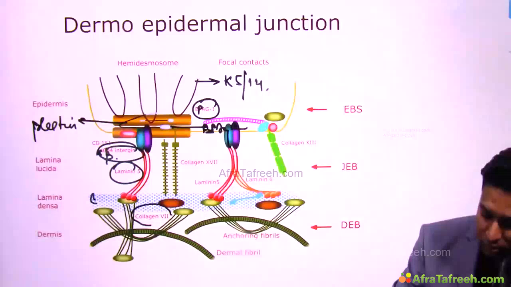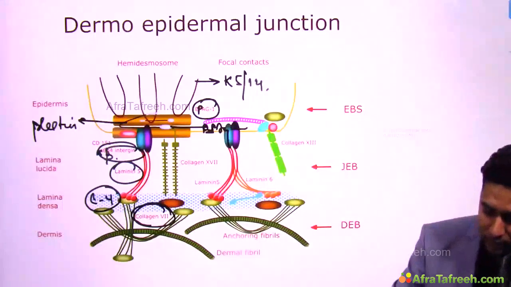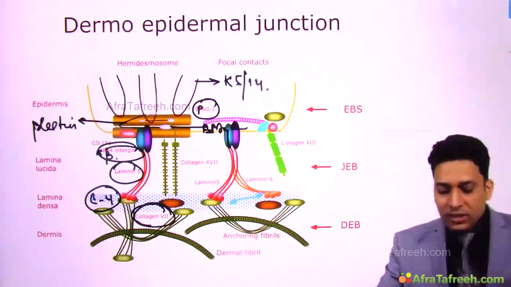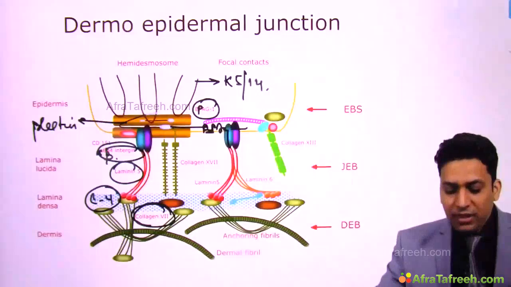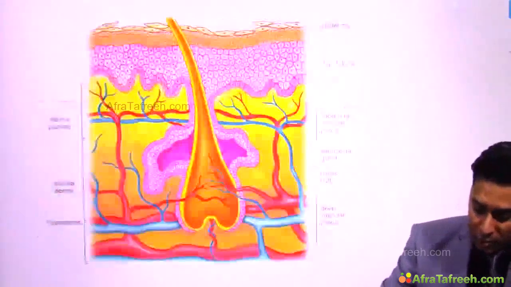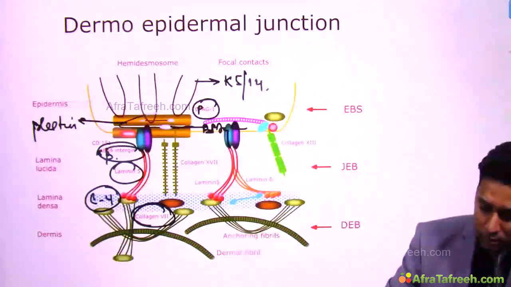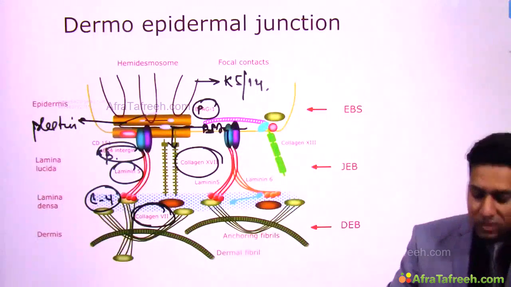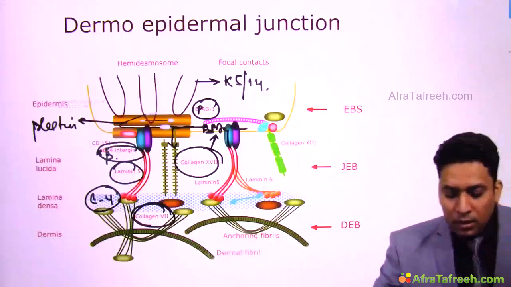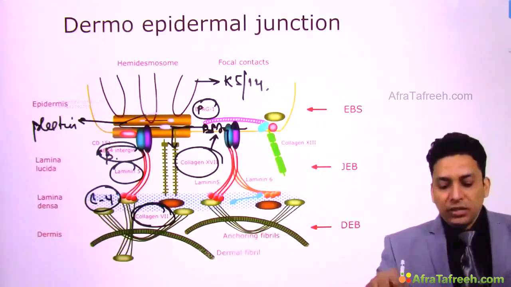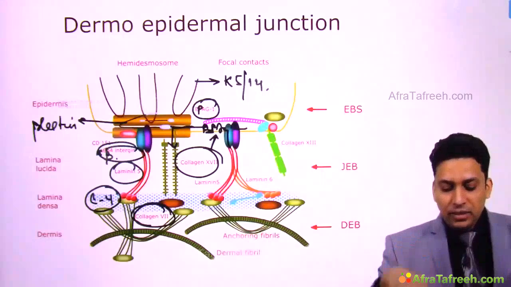Here you will find collagen 4, then collagen 7. So these are various proteins. Other than these important proteins, there are various other proteins also present. BPAG2, this BPAG2 is also known as collagen 17. Okay, so these are various proteins which are present here, and these are various layers.